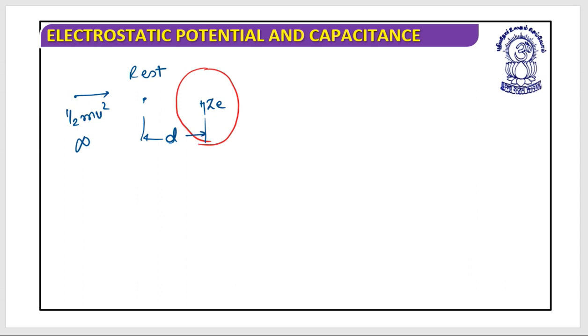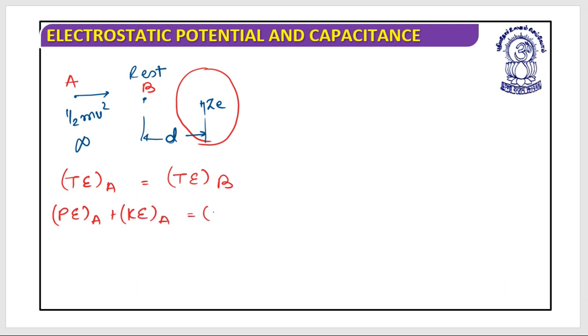Suppose this is location A and this is location B. Total energy at A must equal total energy at B, that is, potential energy plus kinetic energy at A equals potential energy plus kinetic energy at B.